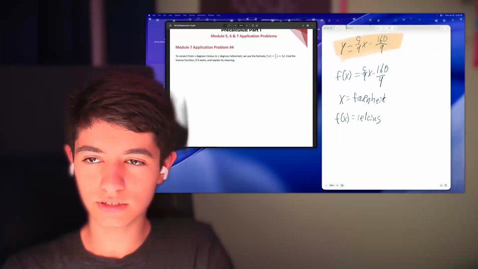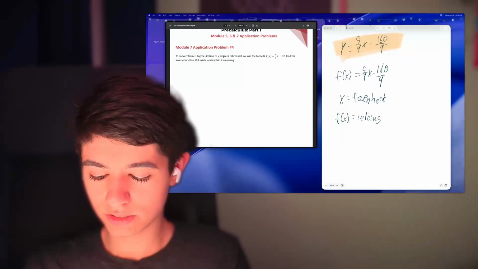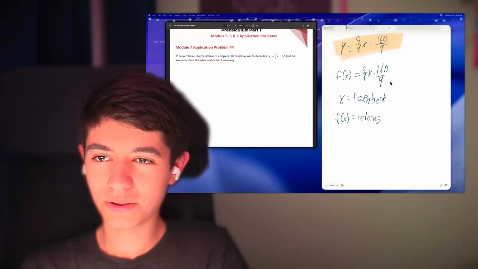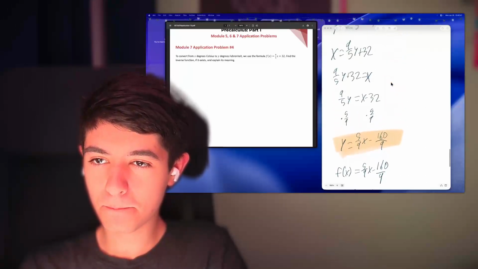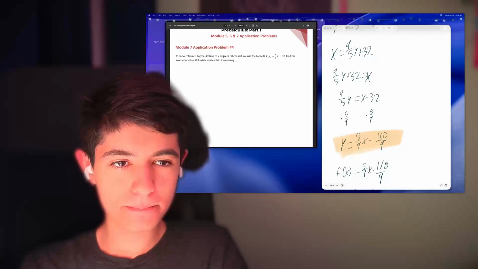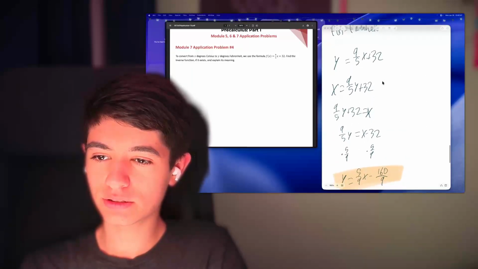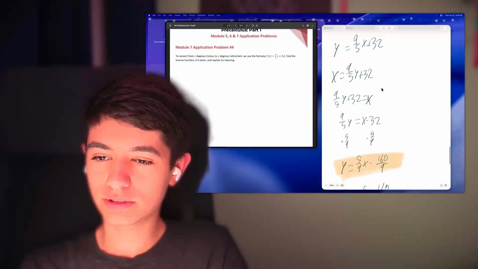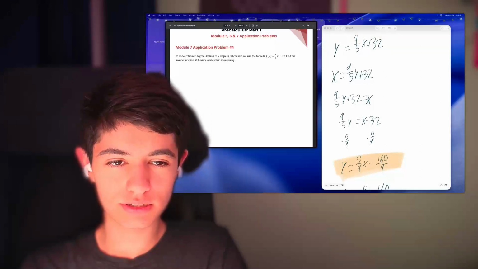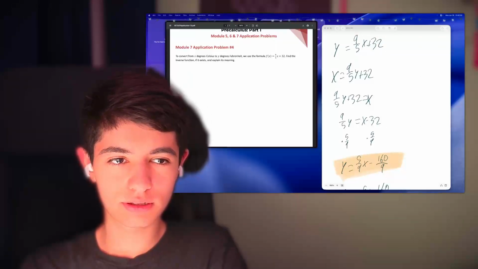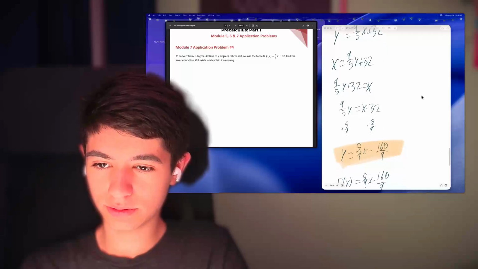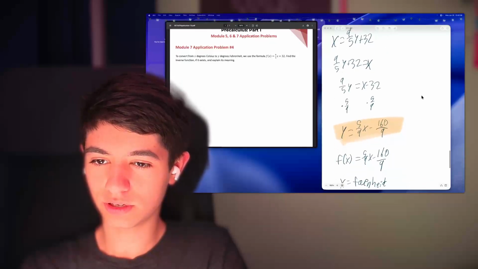Sorry, 1 second. Let me double check my work for this last one. Okay, so y equals, then subtract 32 from both sides, and then we multiply by 5 over 9.